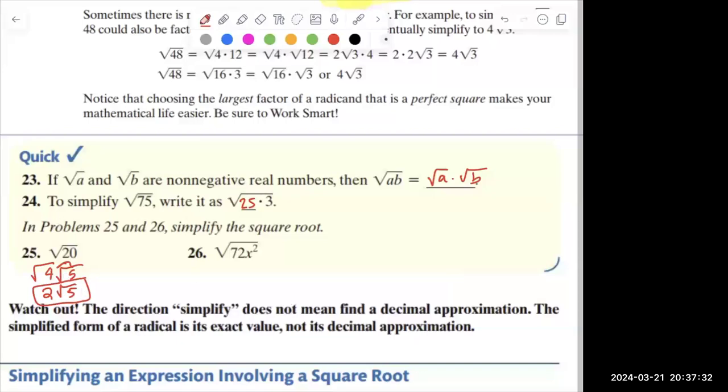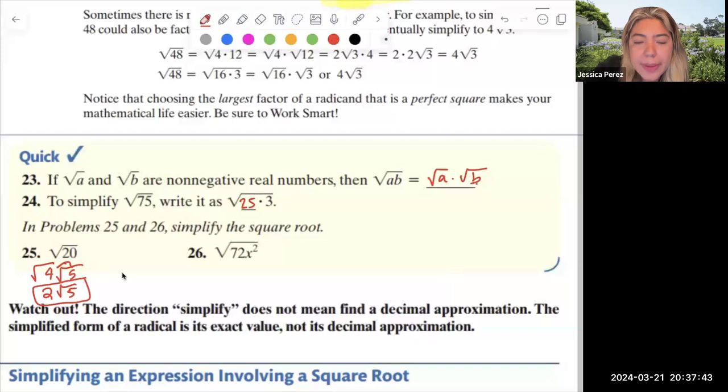Ariel, did you have a question? Yeah, so for number 25, the 4 goes outside of the radical because that's the perfect square? Yeah, so for 20, which one has a perfect square root in the factors of 20?